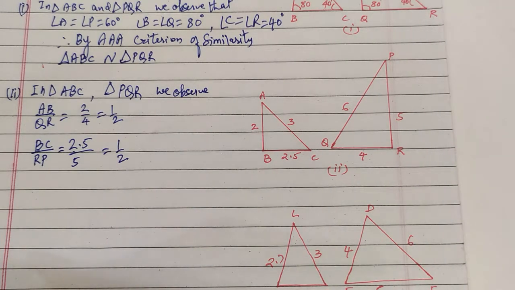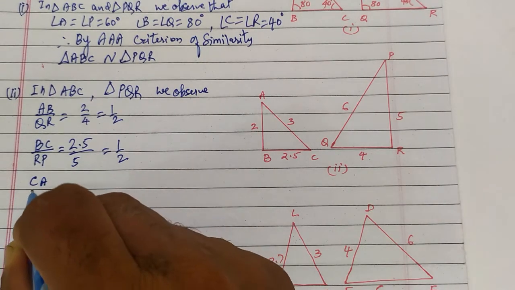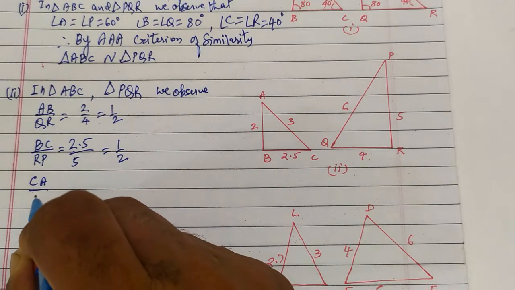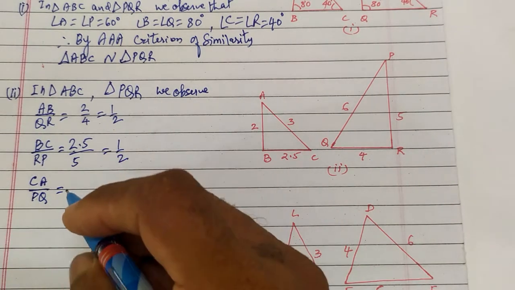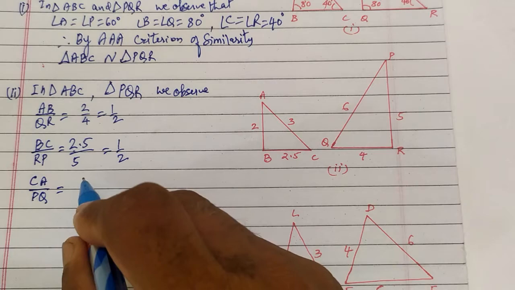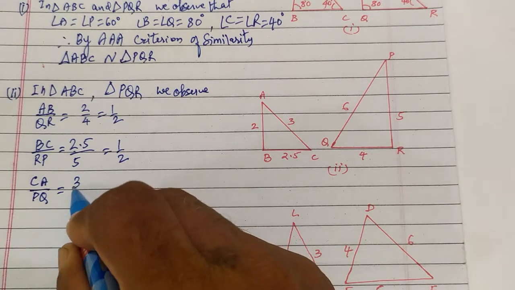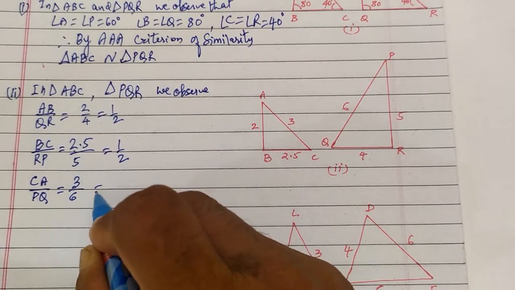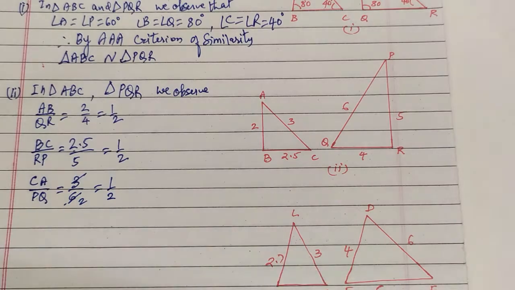Then CA upon PQ. How much is CA upon PQ? CA is 3. This is 6. So 3 into 2 is 6.